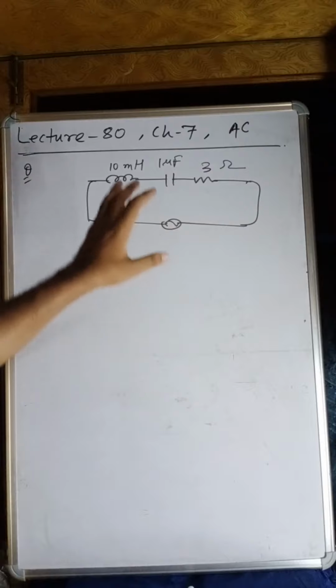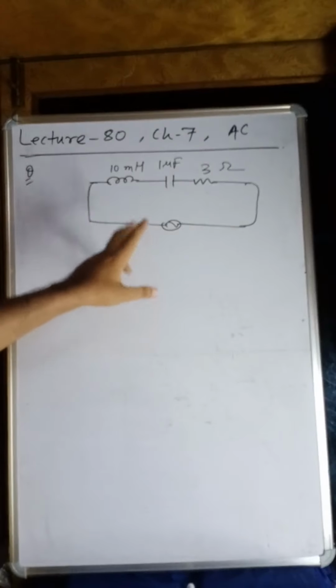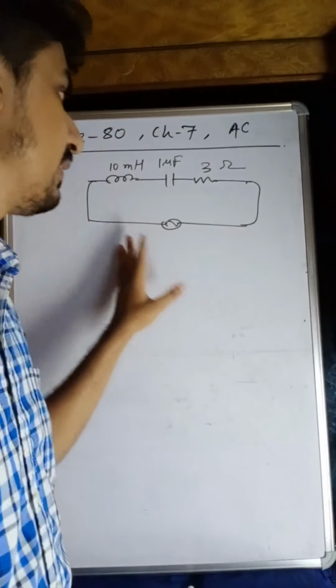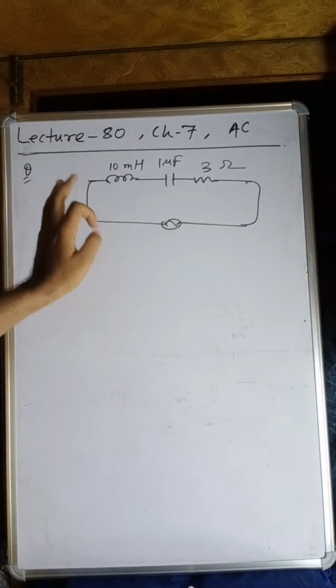Now, my dear friends, you have to find the current amplitude at a frequency. Listen carefully. You have to find the current amplitude at a frequency 20% lower than the resonance frequency.